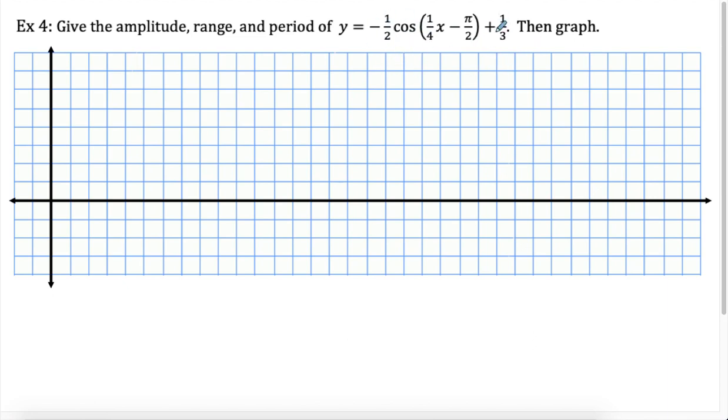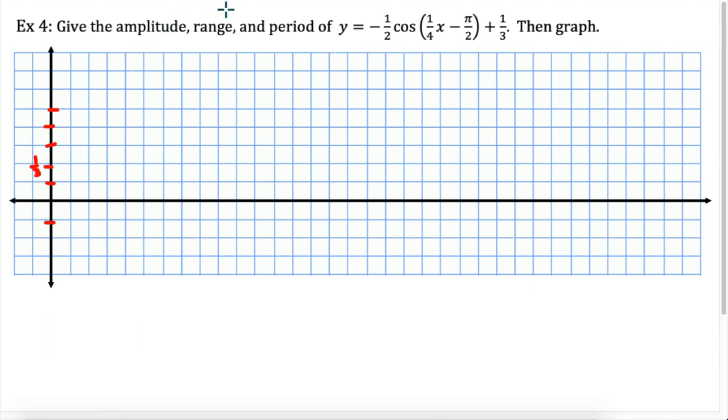To get common denominators, I could make this 2/6 and make this 3/6. So I'm going to be at 2/6, and I'm going to go up and down 3/6 from that. If I make each line here 1/6, I think that will make sense. So 2/6 or 1/3 would be right here.